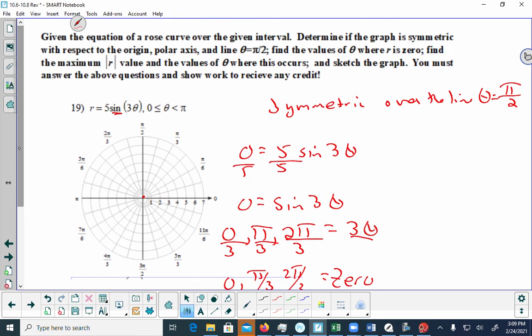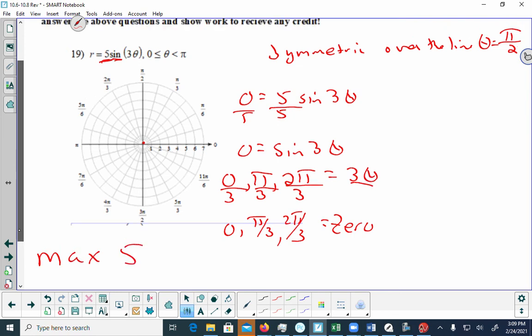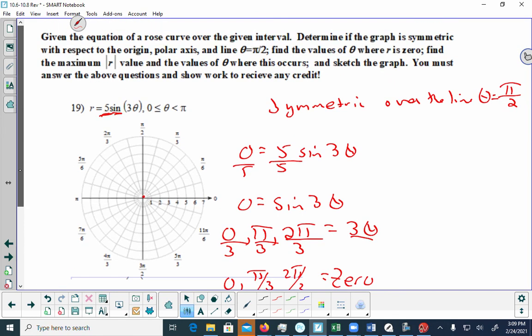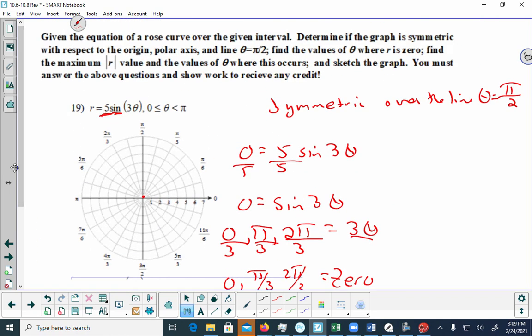The next thing is find the maximum, and it has it in the absolute value signs. So the max is going to be this number outside, so the max is going to be 5. That's the max. And then it wants to know the thetas where this occurs. So I'm going to ask myself, in order for this to be 5, this whole thing has to be 1.